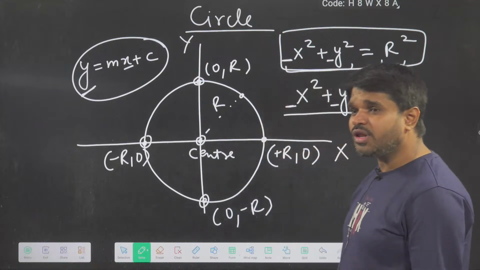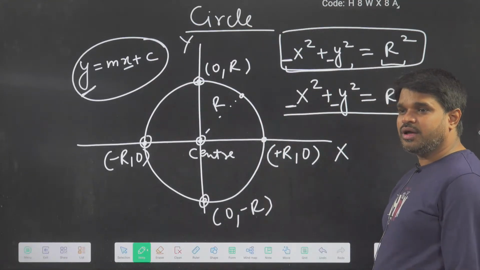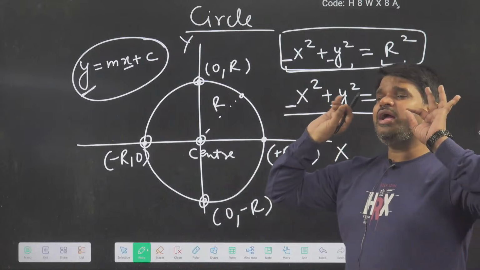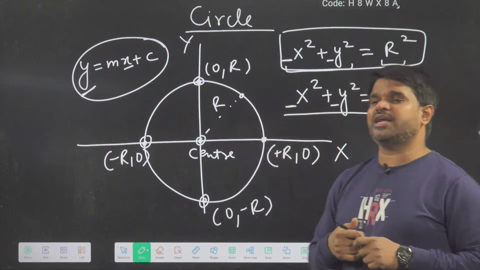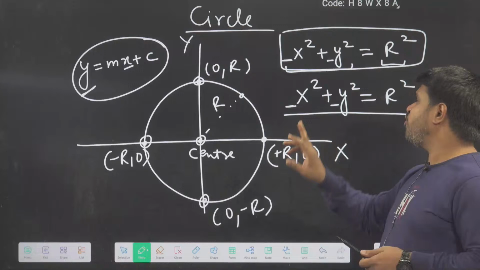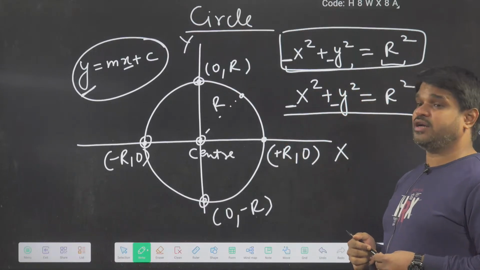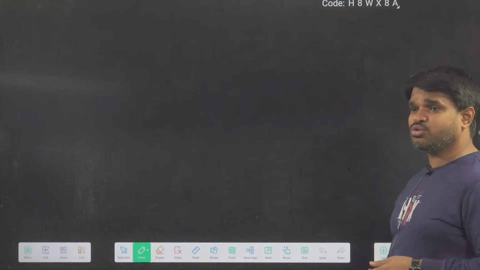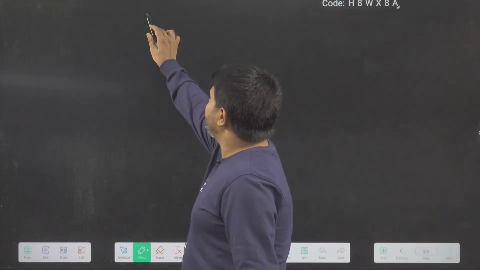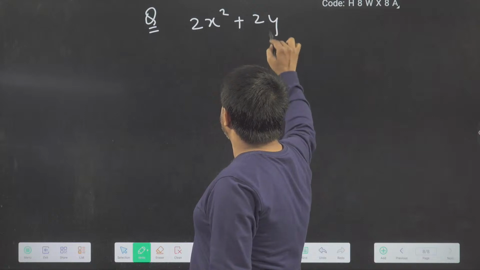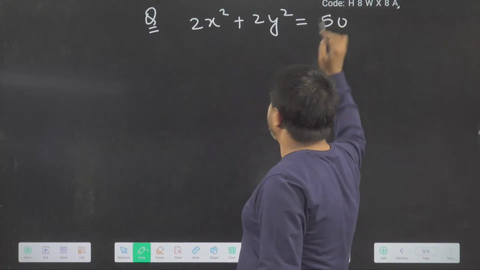Now let's start with the first question. The equation of a circle is x square plus y square equals r square. If it is not in the form of x square plus y square equals r square, I have to convert it. See this question: 2x square plus 2y square equals 50.